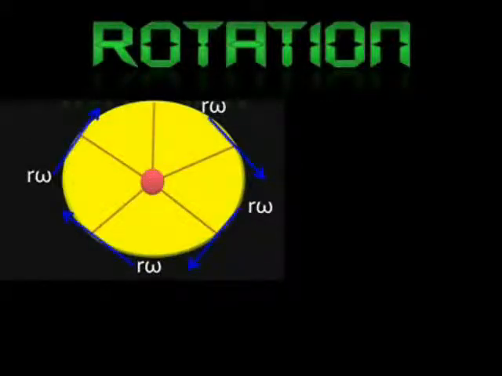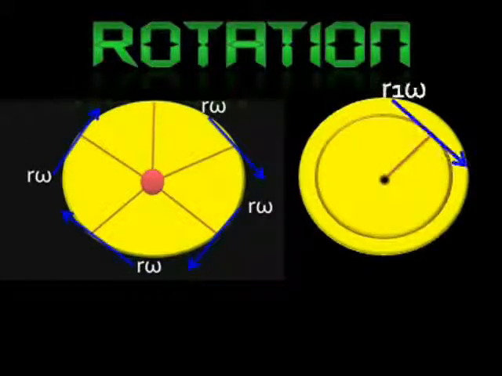I'm assuming the rotation to be clockwise. First, I need to know the velocity of any point, and then draw a concentric circle with its velocity. That will be r1 omega. If that's so, you will find the velocity at any point on a rigid body.